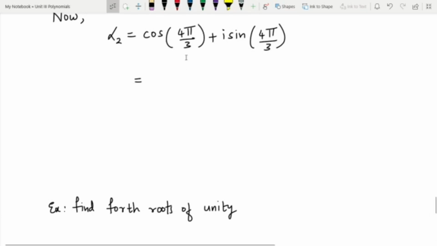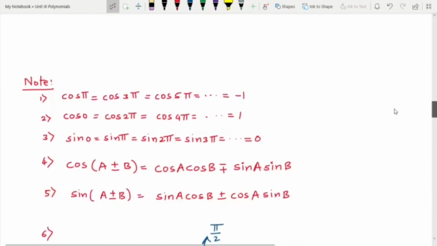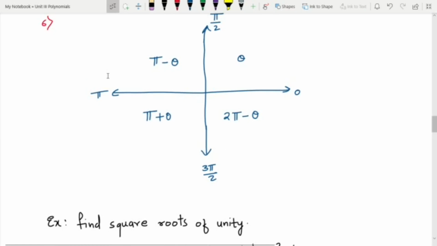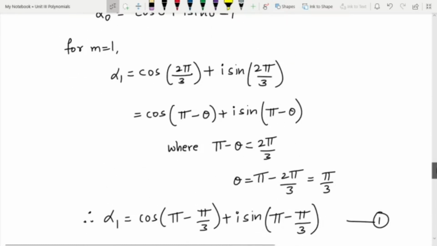Obviously we can calculate on the calculator, but calculators are not allowed in the exam. So again we are supposed to express it in the form of pi minus theta, pi plus theta, or 2 pi minus theta, because it is clear that it is not in the first quadrant.